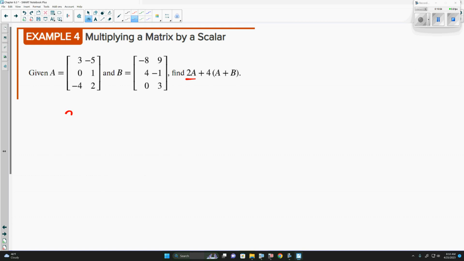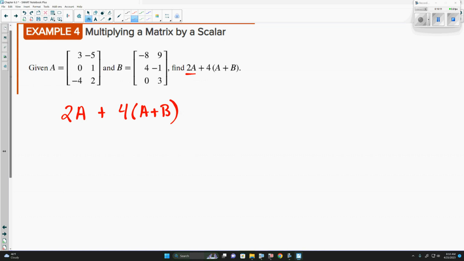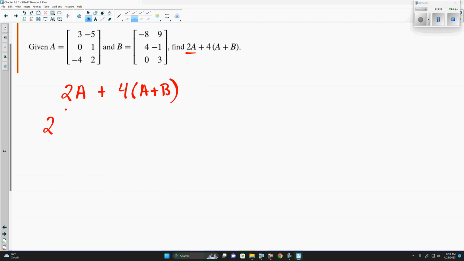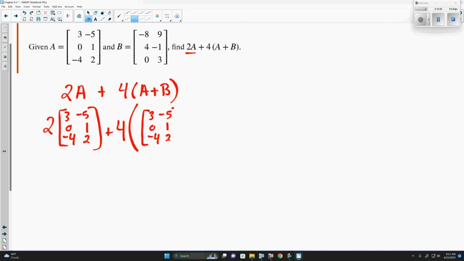So when we talk about 2A plus 4 times A plus B, the first one, 2A, we're talking about 2 times the matrix 3, negative 5, 0, 1, negative 4, 2, plus 4 times, so we'll write A again, 3, negative 5, 0, 1, negative 4, 2, plus negative 8, 9, 4, negative 1, 0, 3.